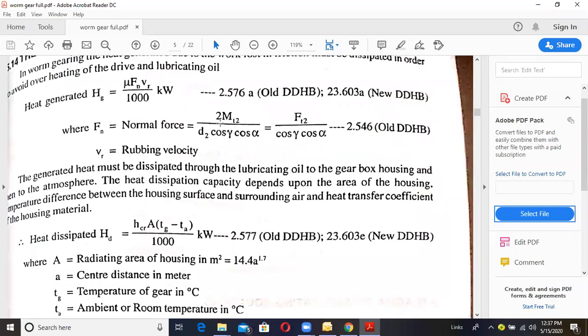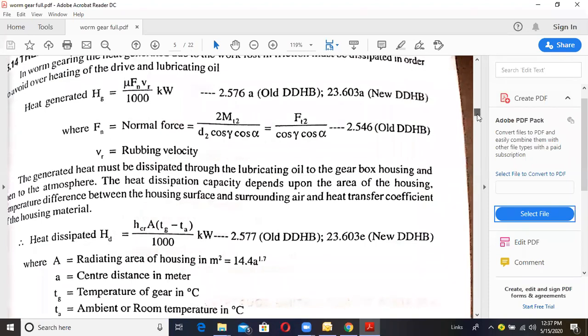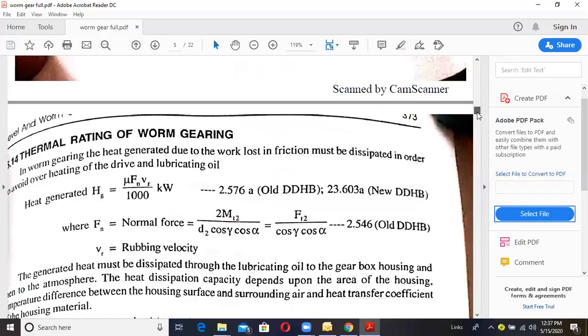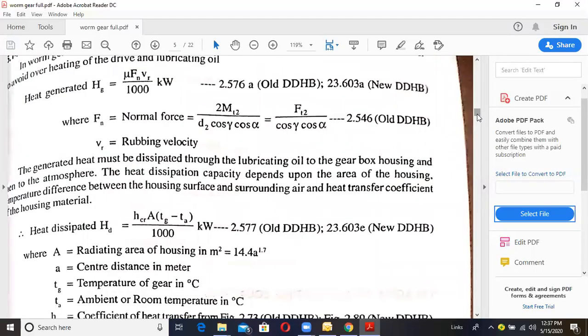That we are going to calculate in the problems. So next, these are the things we are going to calculate: the tangential load, V load, dynamic load, endurance strength, efficiency, heat generated and heat dissipated.